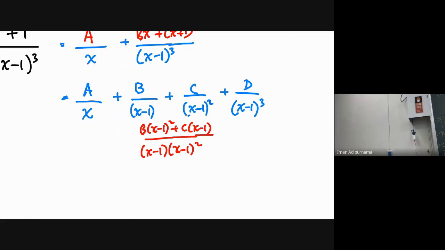And the rest, to find a, b, c, d, is the same as we did before. You need to look for a, b, c, d, grouping the x cubed if there's x cubed, x squared, x, and then the constant, and then solve a, b, c, d.